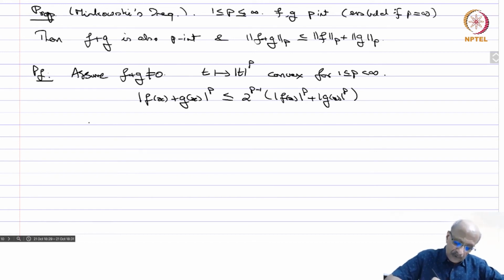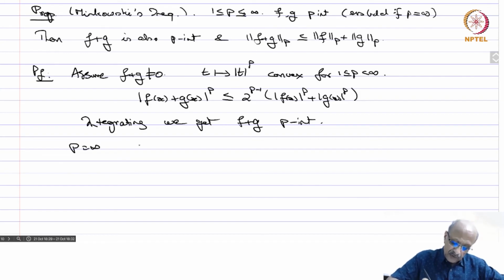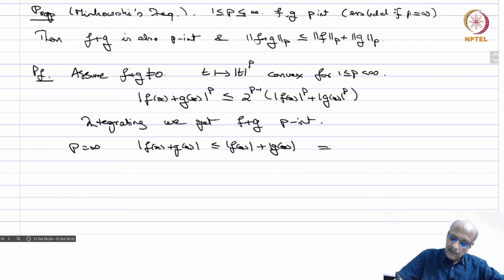So if you integrate both sides, we get f plus g is p integrable. If p is equal to infinity, then of course mod fx plus gx is less than or equal to mod fx plus mod gx, and each is essentially bounded, so it implies essentially bounded.